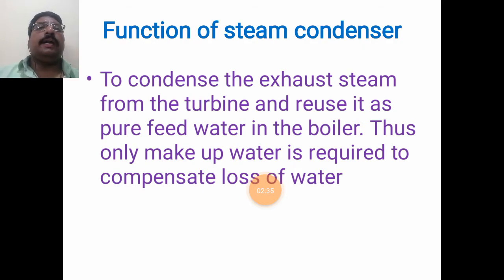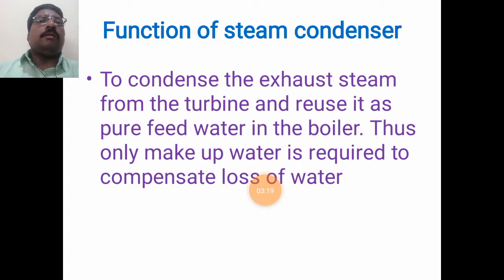Suppose 1 kg of steam is produced and condensed again. Because of some losses, only 0.8 kg of steam is condensed into water. Then we can supply the remaining 0.2 kg to the boiler. By supplying a limited quantity of feed water and collecting the condensed water from the exhaust of the steam turbine, we can resupply the complete quantity of water to the boiler, and the cycle will run smoothly.